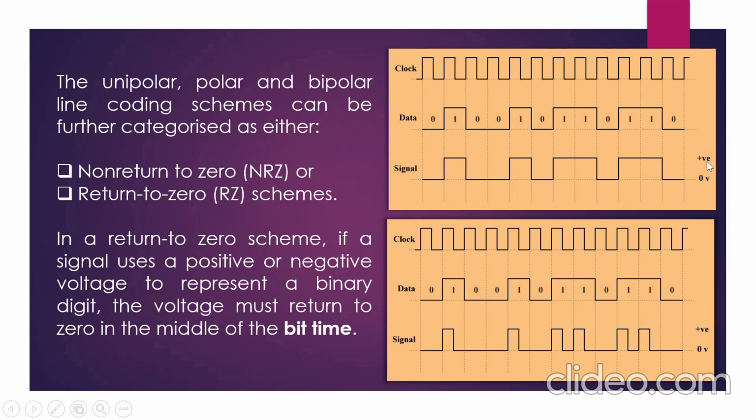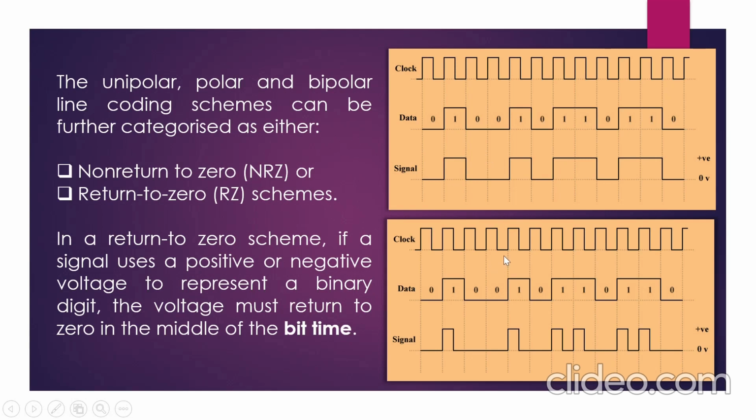Then there is a 0, so there is a transition to the 0 voltage, representing a binary 0. Same here for another 0. Then there is a transition in case of 1. Then again a downward transition to a 0 voltage to represent binary 0, and so on. This is an example of NRZ, non-return to zero.